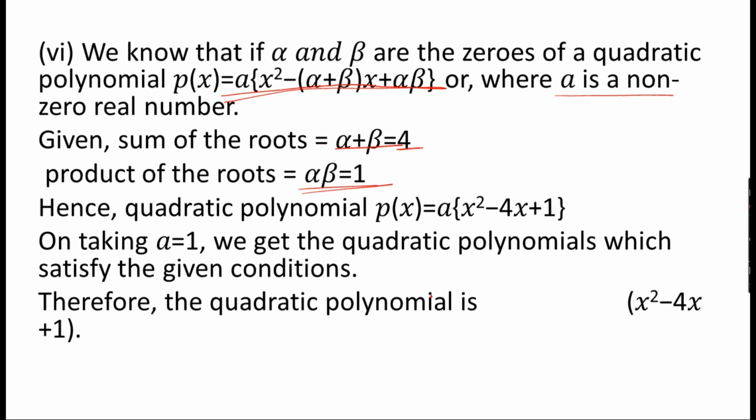In place of alpha plus beta we write 4, and the value of alpha beta as 1. On putting the values, we get our polynomial as x square minus 4x plus 1. On taking a equal to 1, we get our polynomial as x square minus 4x plus 1.